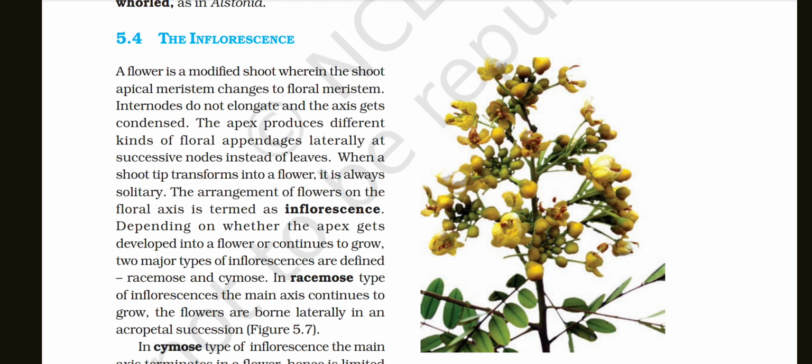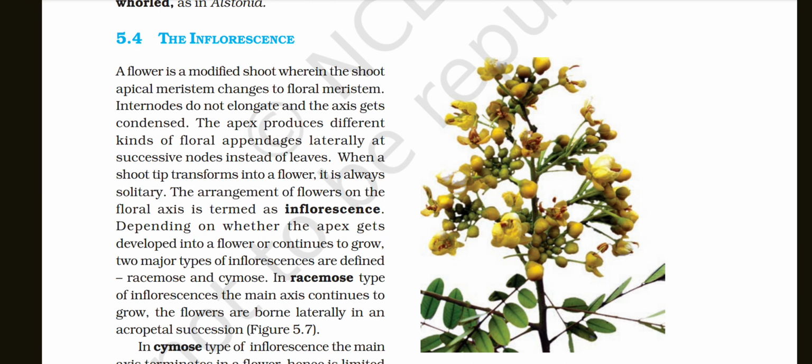When a shoot tip transforms into a flower, it is always solitary. The arrangement of the flowers on the floral axis is called inflorescence. The flower is a modified shoot wherein the shoot apical meristem changes to floral meristem, internodes do not elongate, and the axis gets condensed.